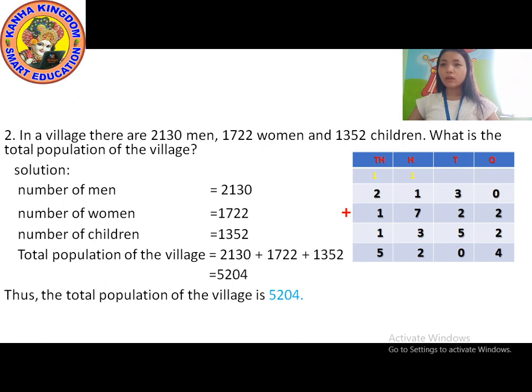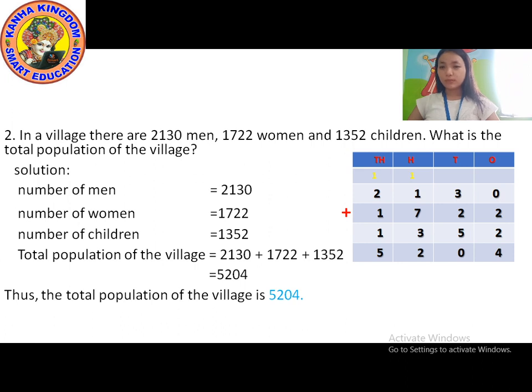So while adding the hundreds column, we got 12 as a sum. So we write 2 in the hundreds column and carry over 1 to the thousands column. So we got 5, right?